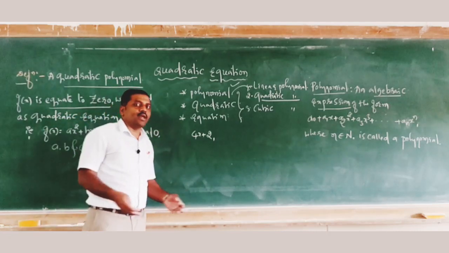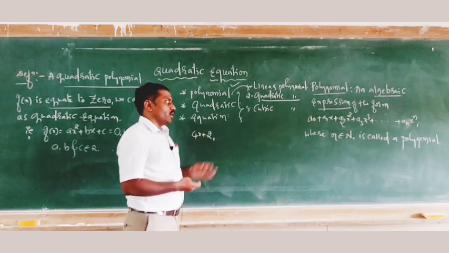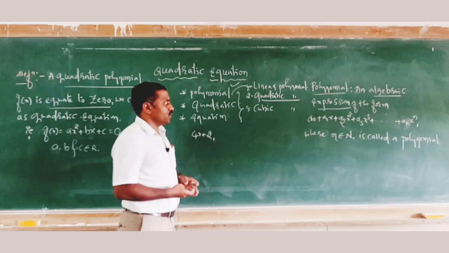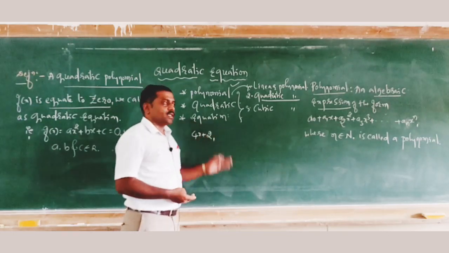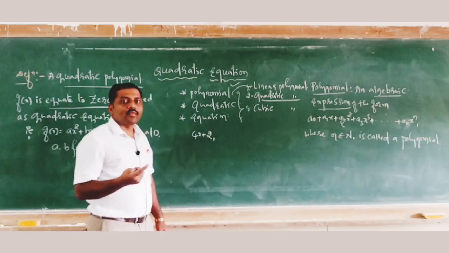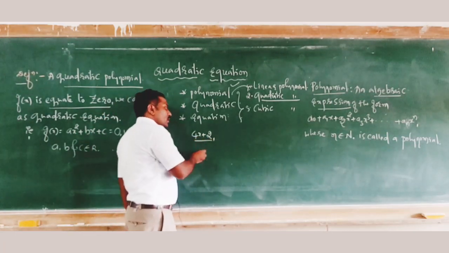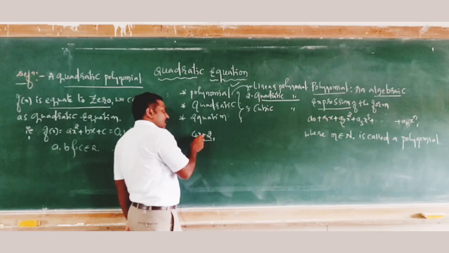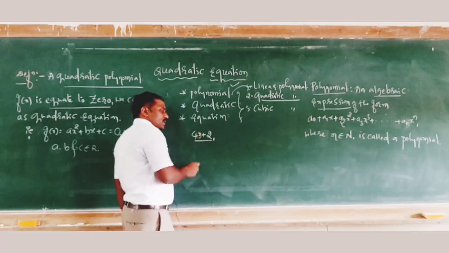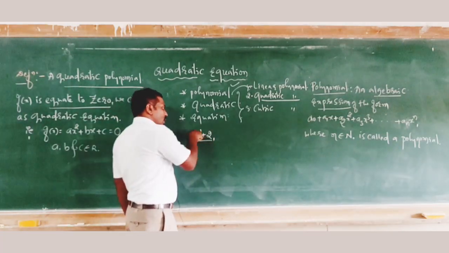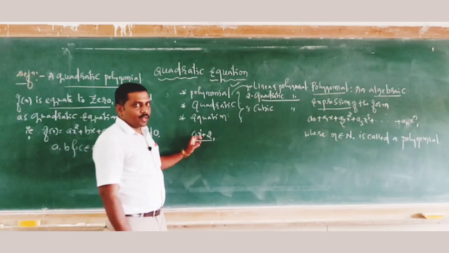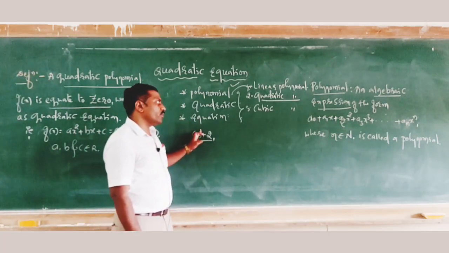That expression we call linear polynomial, quadratic polynomial, or cubic polynomial. Suppose the polynomial degree is 1, that we call a linear polynomial. In the given example, the variable is x, the power of x is 1. Therefore, the degree of the polynomial is 1.